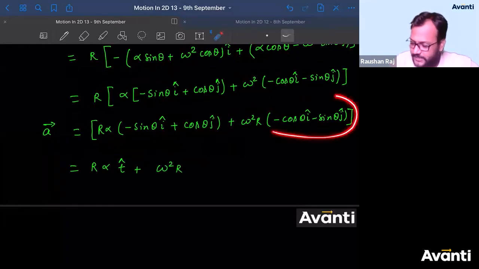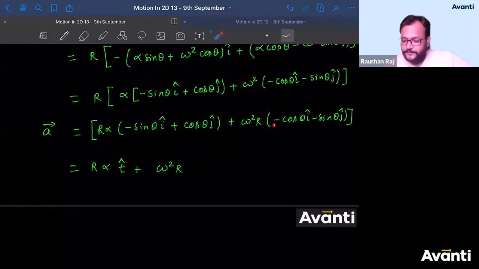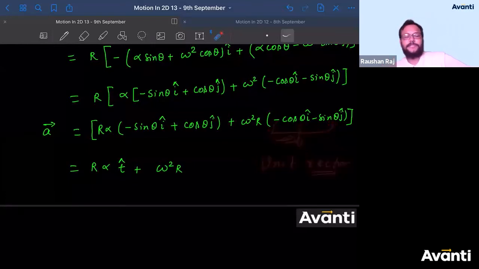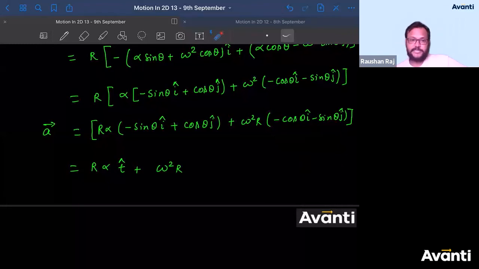Tell me what is this direction, guys? This is also a unit vector, right? But tell me which direction this vector will represent: minus cos theta I cap minus sine theta j cap.